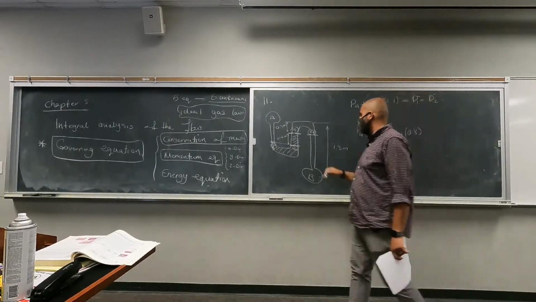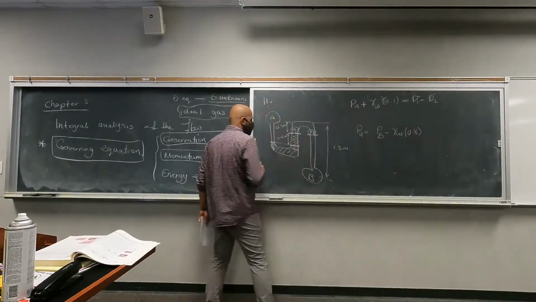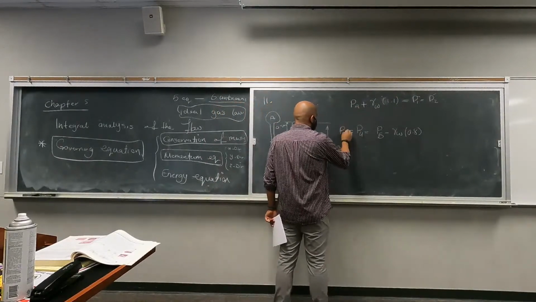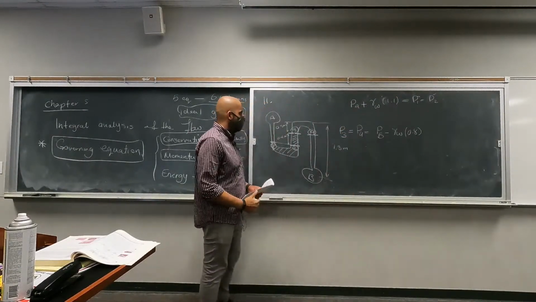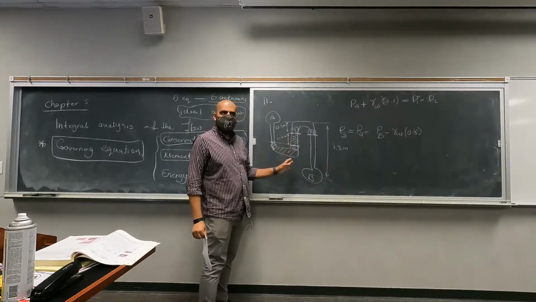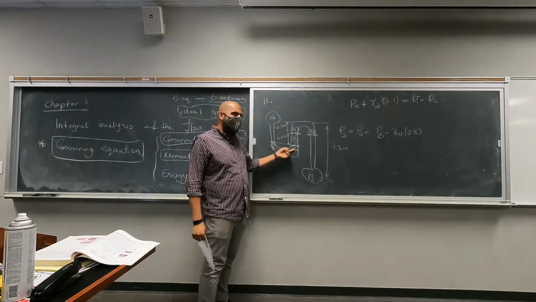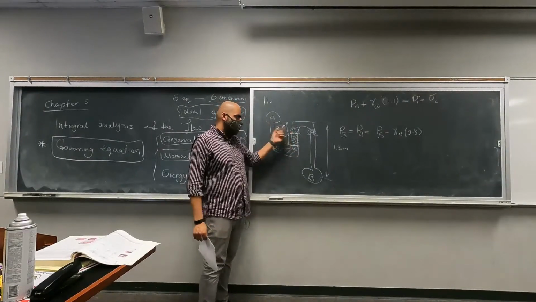We have the pressure at point 4. We have the pressure at point 3. And what is the relation between pressure at point 3 and point 2? It's just moving inside the same column. Pressure at point 2 is going to be higher than the pressure at point 3.